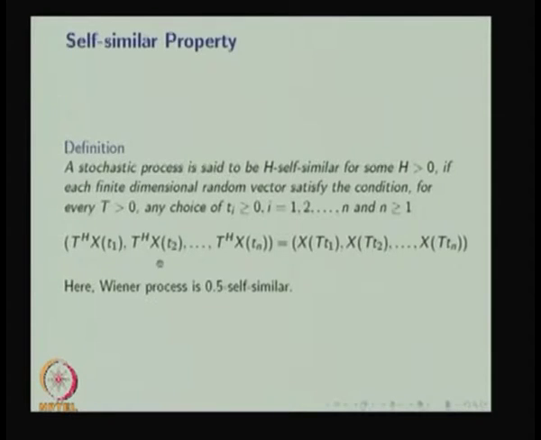One can verify the linear process is 0.5 self-similar. Here I have not given the proof, but you can multiply for some t with H equal to 0.5, and conclude the linear process is 0.5 self-similar.